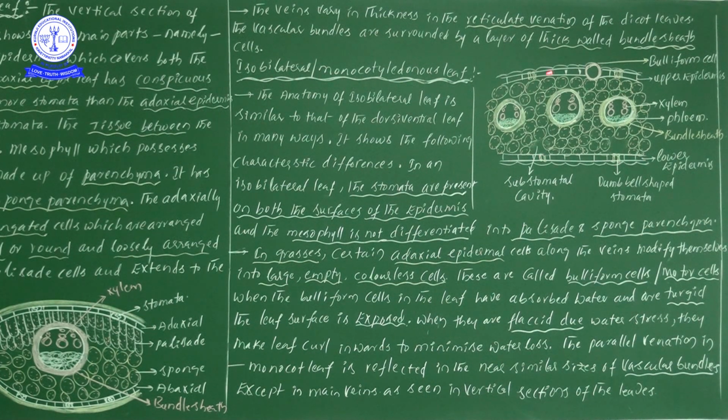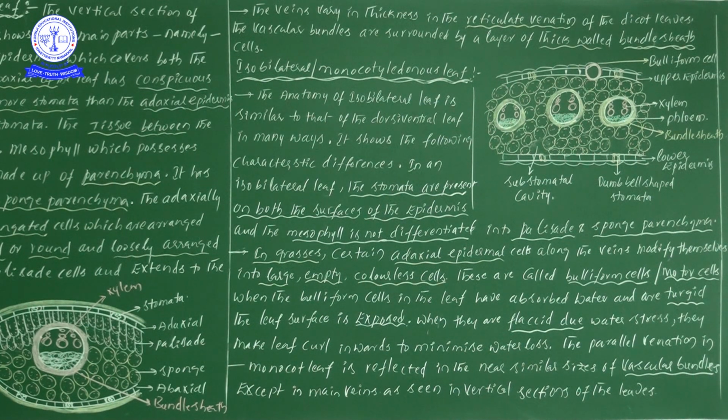The point is, there are two in the upper epidermis and two in the lower epidermis, so there is an equal number of stomata. Whereas in a dicot leaf, in the upper epidermis we drew two and below we drew three, so there is a differentiation. But in a monocot leaf, the distribution of stomata is equal on both surfaces. So try to learn that particular point.